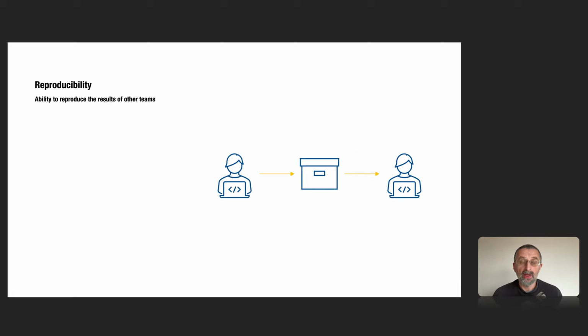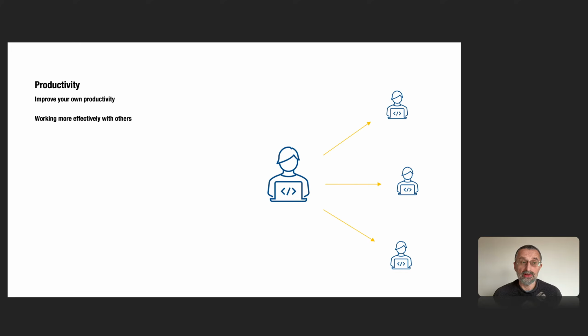And finally, reproducibility. Having such Docker containers, and in a more general way containerization, we are able to reproduce the results of other teams or future selves. Moreover, it will improve our productivity. Thanks to those solutions, and you will see many different use cases in the machine learning context in a few minutes, it will help you work more effectively with other team members.